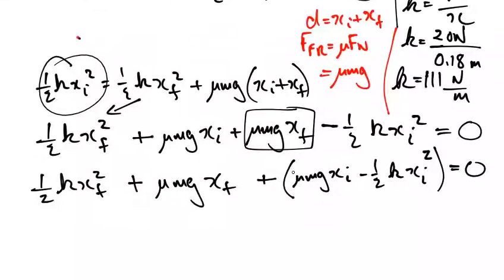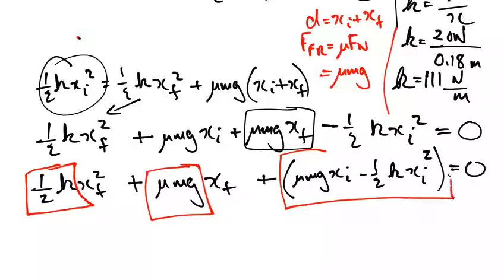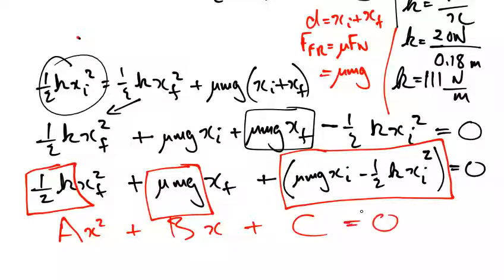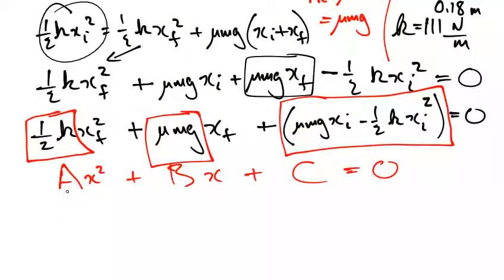Therefore, in terms of a, b, that's my a, that's my b, and this whole term here is my c, in the form of a x squared plus bx plus c equals 0. That's a quadratic.